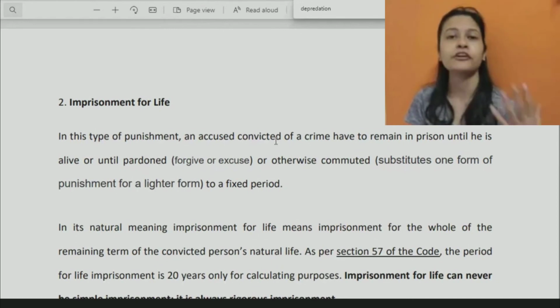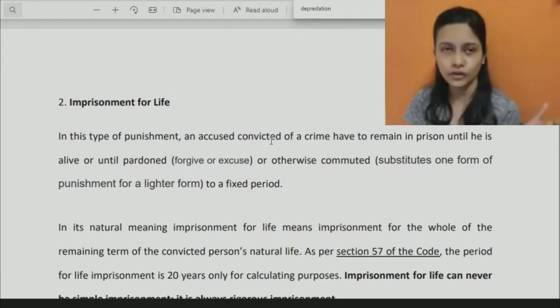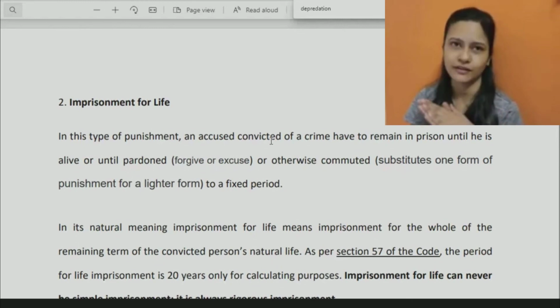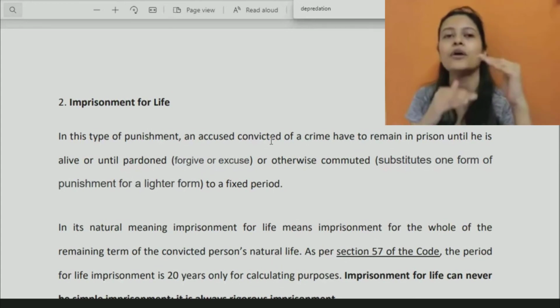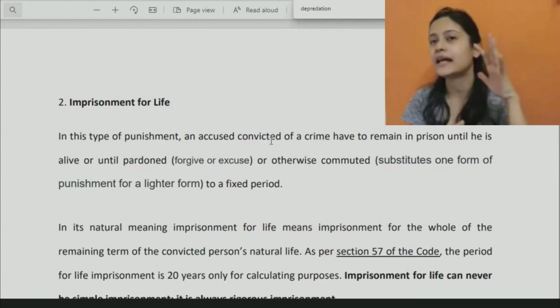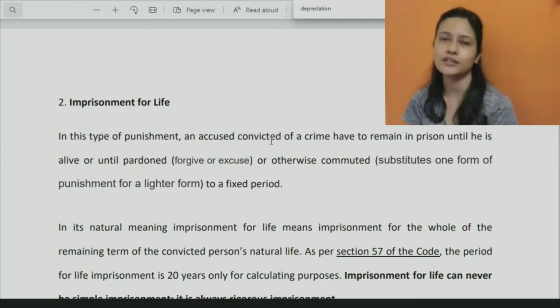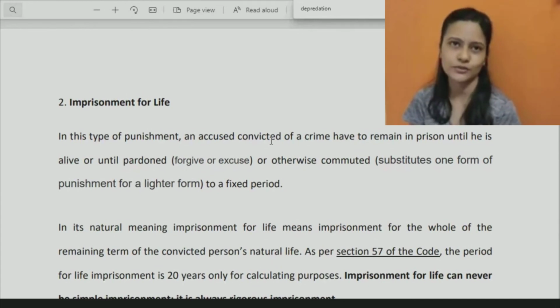They can forgive that, okay, fine, you don't need to remain in jail for the rest of your life. Maybe 14 years, 15, 16 years is also fine. The remaining is excused. Or maybe it is substituted from a higher to a lower punishment. From death, or imprisonment for entire life, it was reduced to maybe 14 years of imprisonment or something. So that power is given to the governor as well as the president, that they can reduce the punishment also.